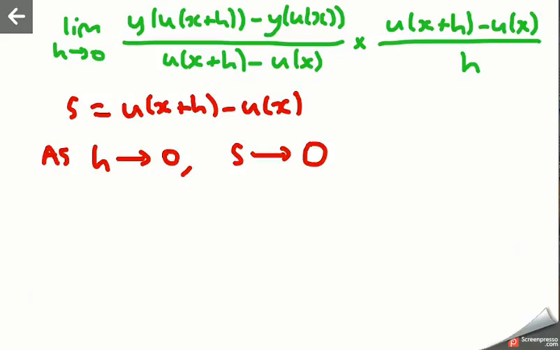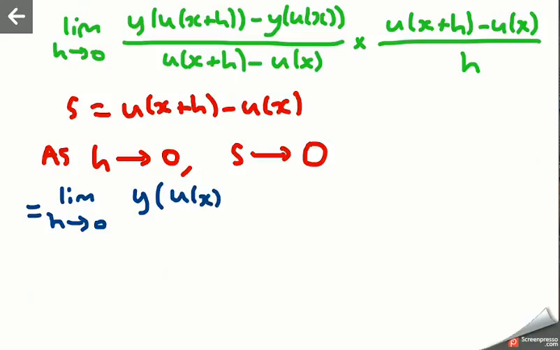So here's where we're at now. We're actually equal to the limit as h tends to 0 of this first thing times the limit as h tends to 0 of the second thing. Now I'm going to include this s detail. So the limit as h tends to 0 of y of u of x plus h. Well, if s is equal to u of x plus h minus u of x, then u of x plus h is going to be equal to u of x plus s.